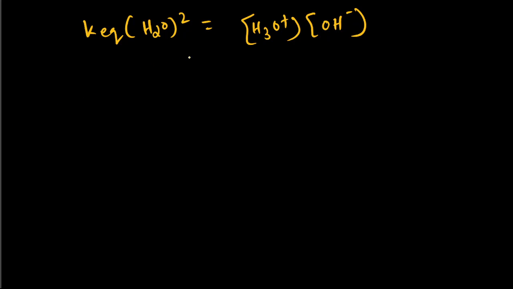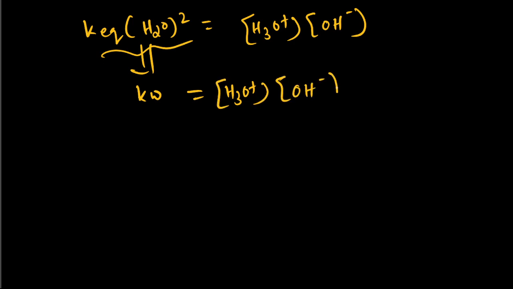I take this value as constant, because K equilibrium is already constant and the concentration of water is constant, so we say Kw. So Kw equals H3O plus into OH minus.